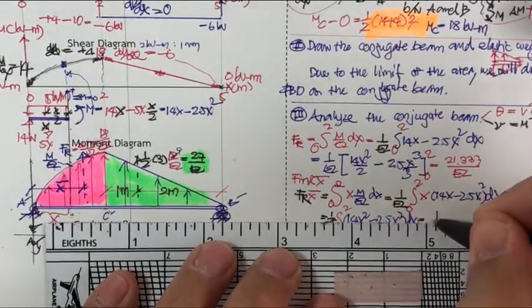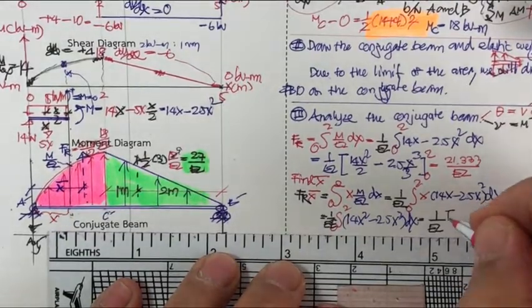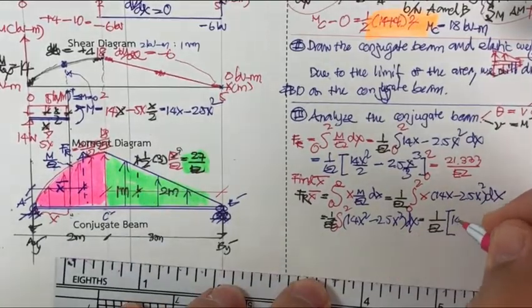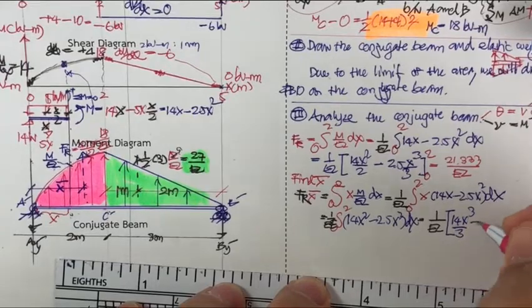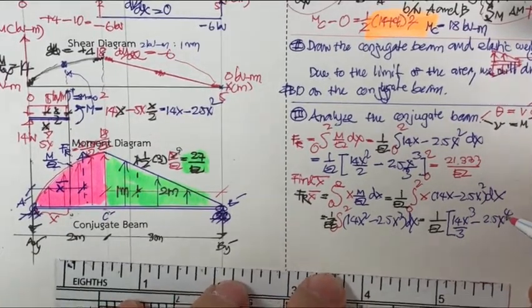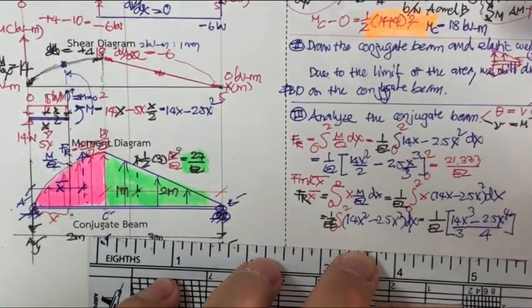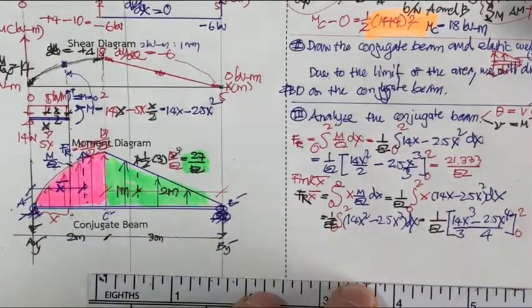And again it's going to be equal to 1 over EI, and this one is going to be 14x cubed divided by 3 minus 2.5x to the power 4 over 4, and you integrate it from 0 to 2.